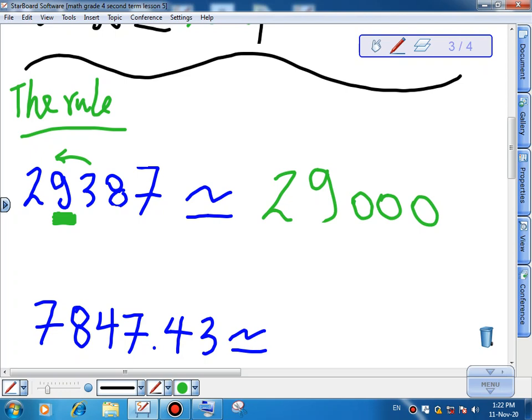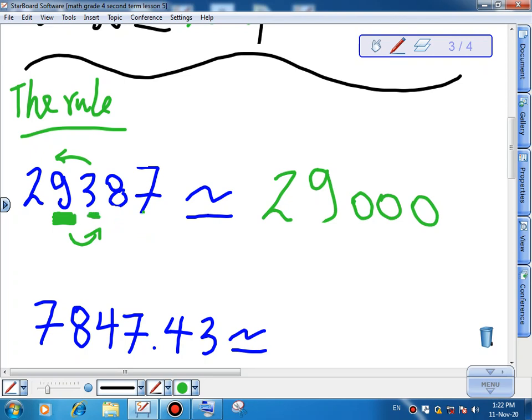Only 29,000. Okay? But one of your students may say that 8 or 7 is a strong number, so why don't we increase the number 9 by 1? It will be 30. No, it's wrong. I only look at the first digit after the thousands place, which is the hundreds place, whatever the tens place or units place is. 8 and 7 are strong numbers, but I don't look at these digits.